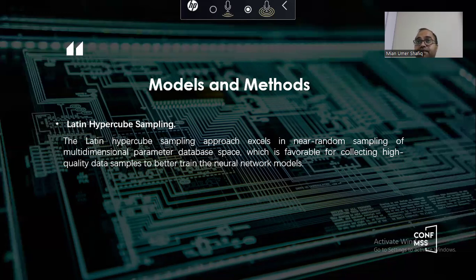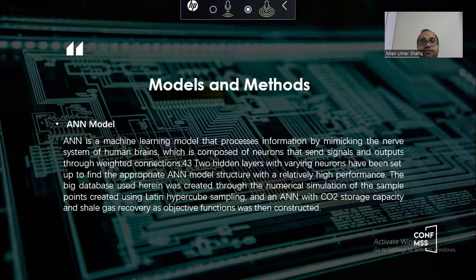The reservoir parameters and engineering factors that must be looked into during the actual development of the shale gas reservoir are multidimensional and unevenly distributed. Latin hypercube sampling determines the number of sample points and then divides the range of each variable in the multi-dimensional space into the same number of equal intervals. That's Latin hypercube sampling.